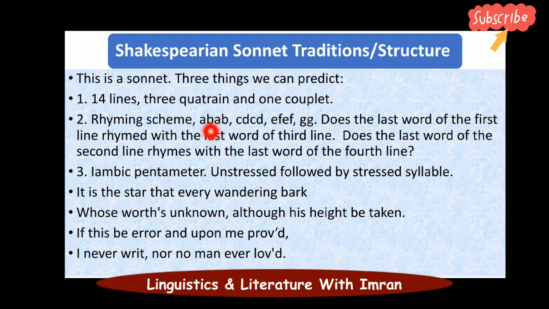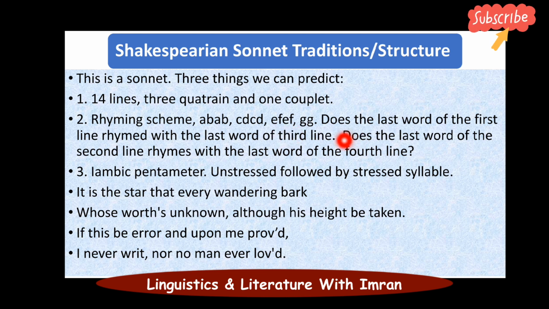Similarly, the last word of the second line rhymes with the last word of the fourth line. So line 1 will rhyme with line 3, and line 2 will rhyme with line 4. Then CDCD, EFEF, and GG. We will discuss this more when we have a poem in front of us.